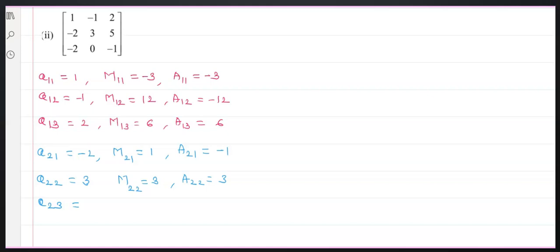A23 is equal to 5. Therefore, these two get cancelled. This gets 1 minus 1, and overall it is minus 2 and 2, 3. Therefore, it becomes plus.